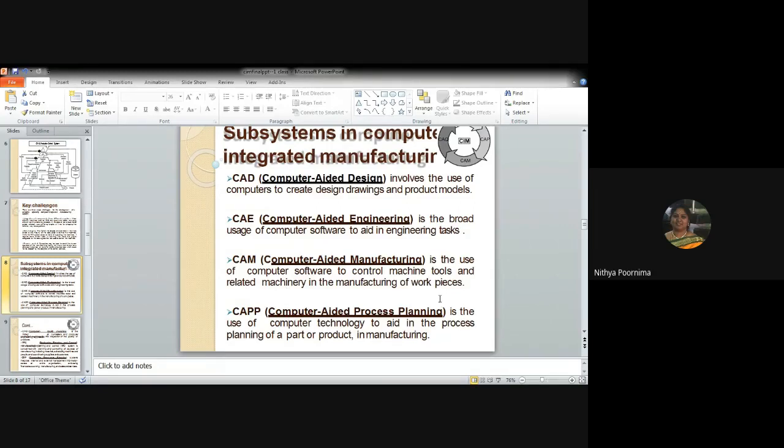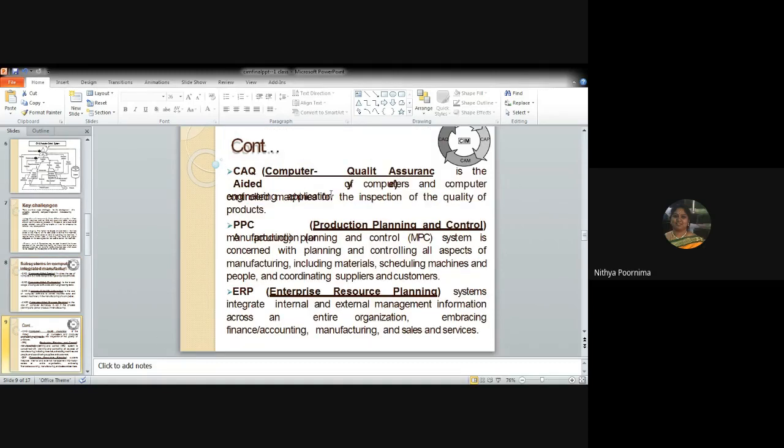So basically, computer technology is used to plan the process of the product in manufacturing. Then you have computer aided quality assurance. So after each operation there is a sampling check and quality assurance being made, right? This computer aided quality assurance takes care of that part of the component.